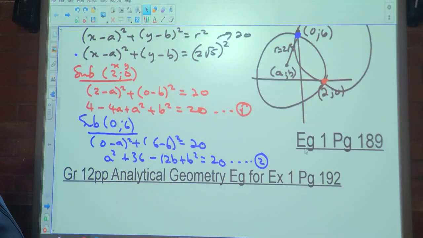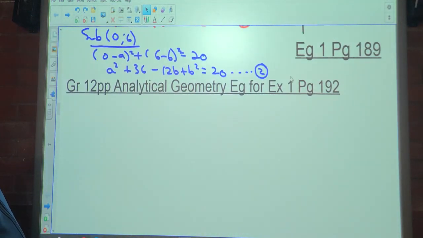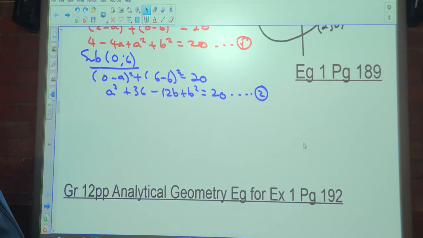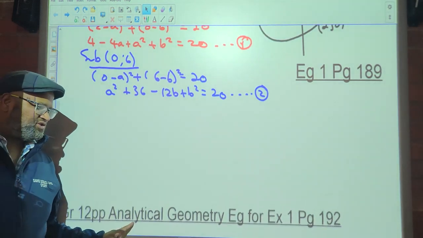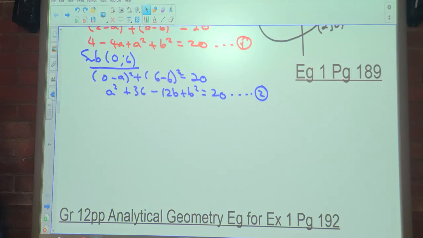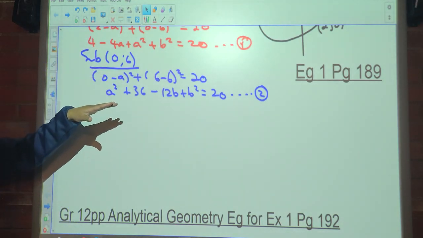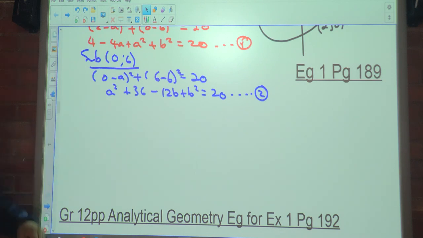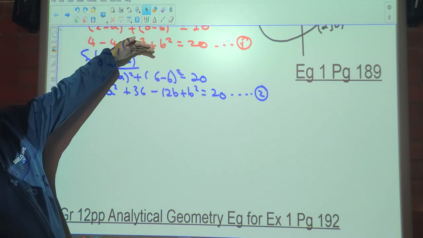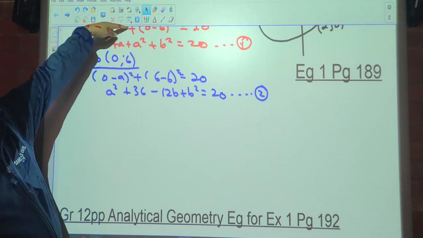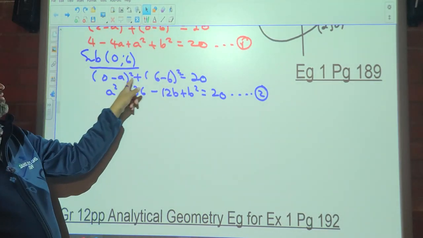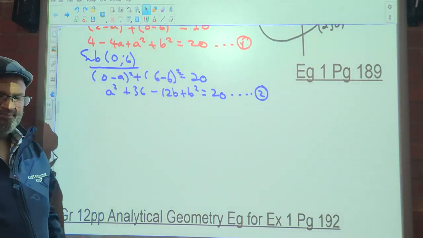Now we remember in grade 10, we taught you the elimination method when we did simultaneous equations. You remember that? That is going to be the easier one of the two here, elimination method, than substitution. If it was substitution, then I would have kept this equation. It would have been a bit easier.